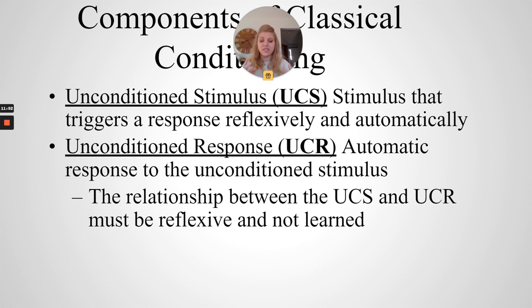This is something that is reflexive and unlearned. There are all kinds of examples of things like this. When you turn out the lights, your pupils dilate, or when you turn them on, your pupils contract. That's something that is totally unlearned and automatic. Could you then pair something random with turning the lights on and off and make your pupils dilate? You sure could.